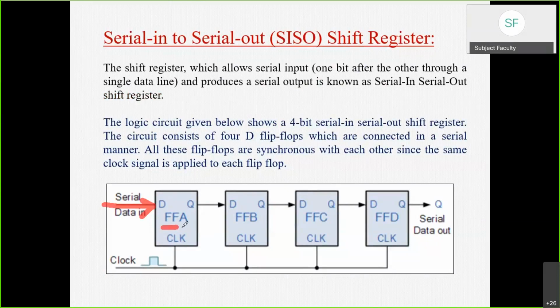That is, the input of flip-flop A is nothing but the data input of the shift register. And what is the output of the shift register? The output signal, that is the Q terminal of your fourth flip-flop, that is flip-flop D, is the output terminal of your 4-bit SISO shift register. Okay.